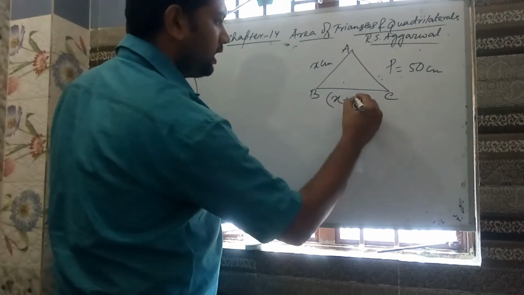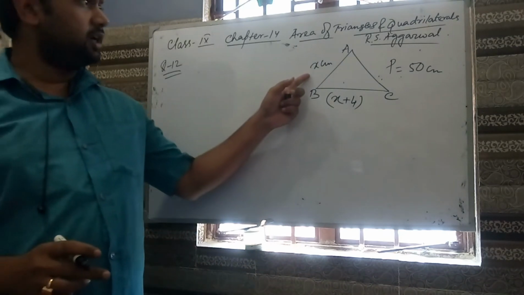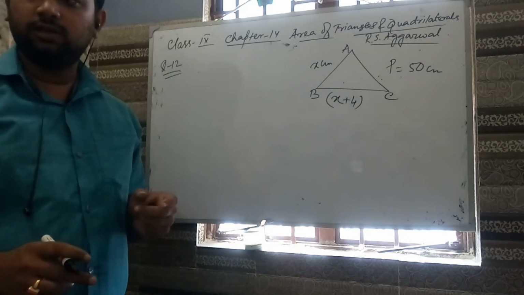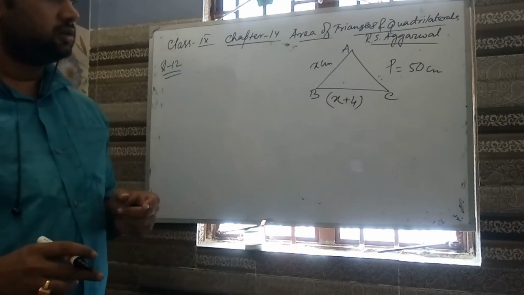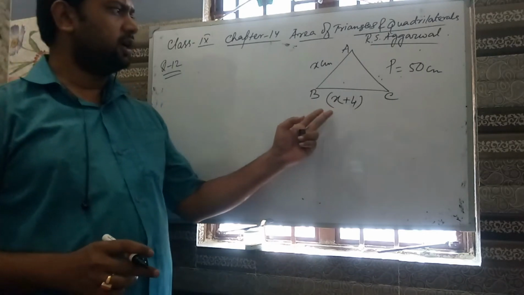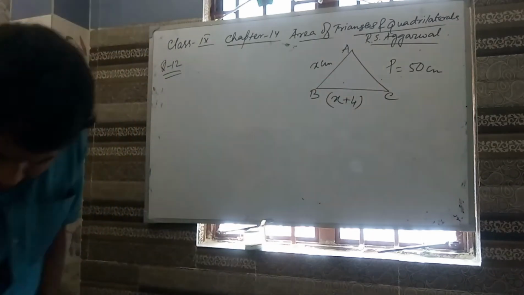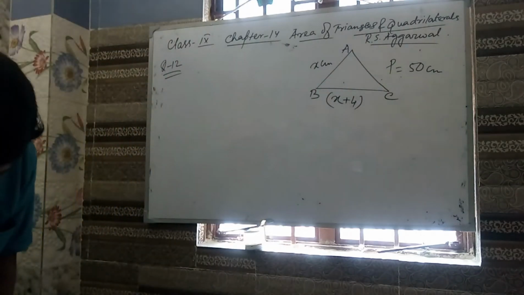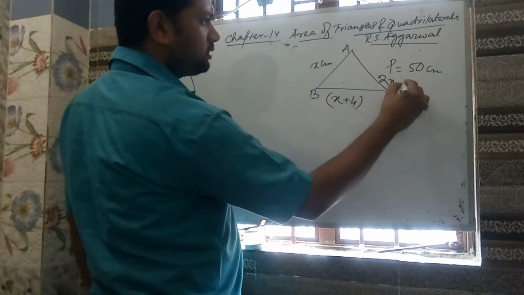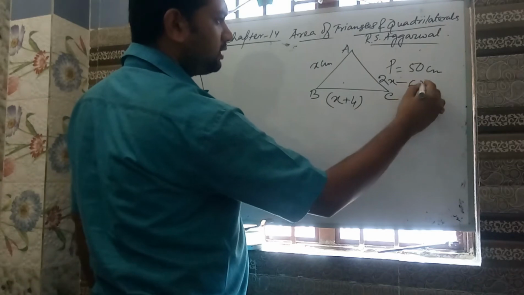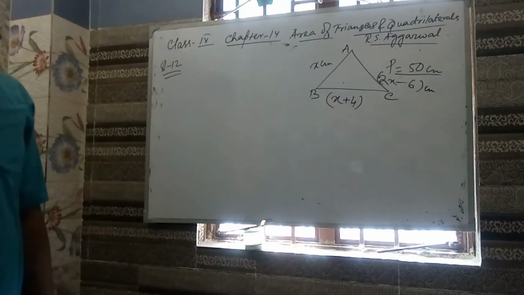So one side of the triangle is 4 centimeter longer than the smaller side, and another side is 6 centimeter lesser than twice the smallest side. Twice the smallest side means 2x, 6 centimeter less, so minus 6. Is it correct now?